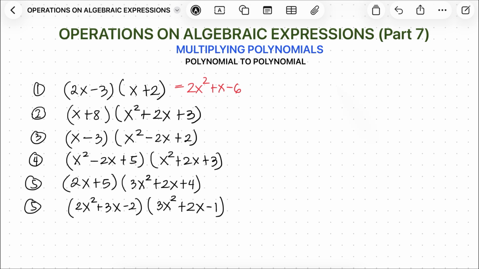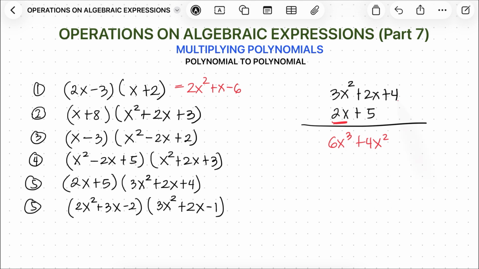Okay, number 5, we have 3x squared plus 2x plus 4 times 2x plus 5. So multiply the first term with all the terms here. So 2x times 3x squared, that will be 6x cubed. 2x times 2x, that will be 4x squared. 2x times 4, that will be 8x.